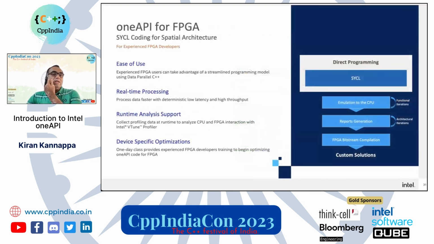Okay, so the last piece of software is referred to as the oneAPI for FPGA. This is part of the base toolkit. When you take a SYCL program and want to convert it into an FPGA bit stream, there are a lot of steps involved. If you are doing it on your own, you will write RTL, then simulate and make sure that RTL is good.